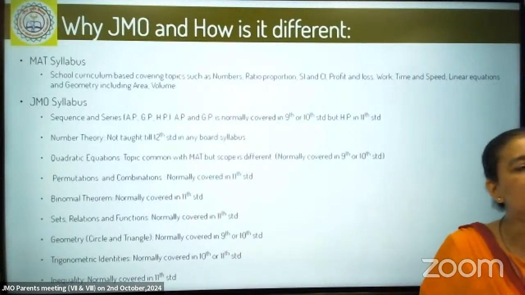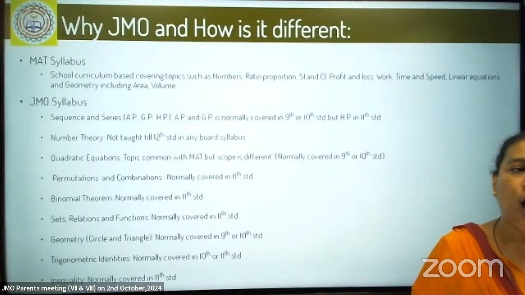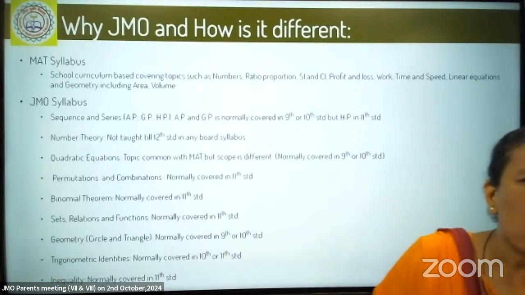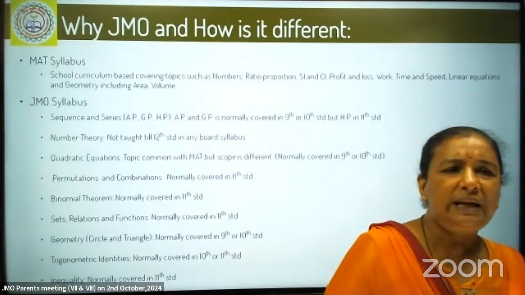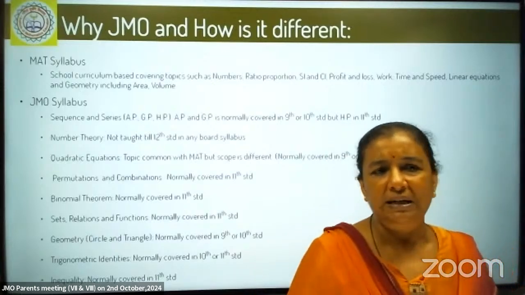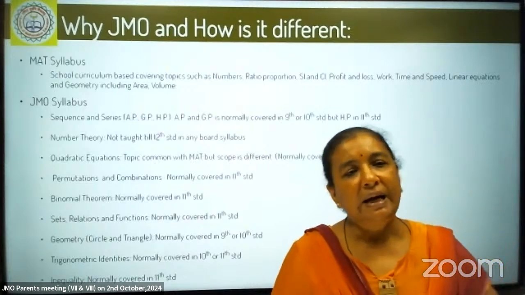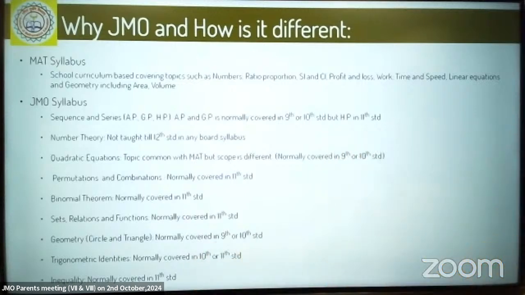Now you are students of 7th and 8th standard, but the advanced properties of circle and triangle which we discuss are normally covered in 9th and 10th standard. Trigonometric identities we cover very little, not much. We do not go into much detail. The basic identities, that is sine square theta plus cos square theta is 1, and the ones based on tan square theta and cos square theta, and sine rule and cosine rule. That's it. We cover trigonometric identities only that much.